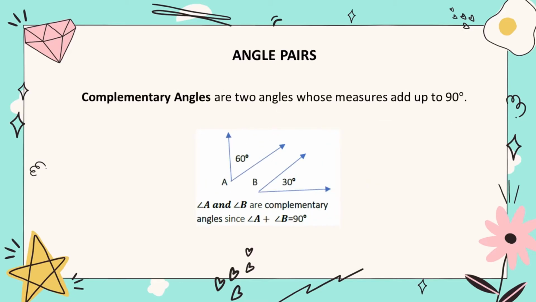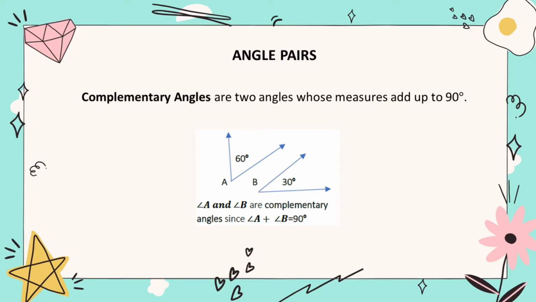Next, we have complementary angles. When we say complementary angles, these are two angles whose measures add up to 90 degrees. So, para masabi natin na complementary angle sila, kailangan meron tayong dalawang angles na kapag kinuha natin yung sum or pinag-add natin, 90 degrees yung magiging sum ng measure nila.